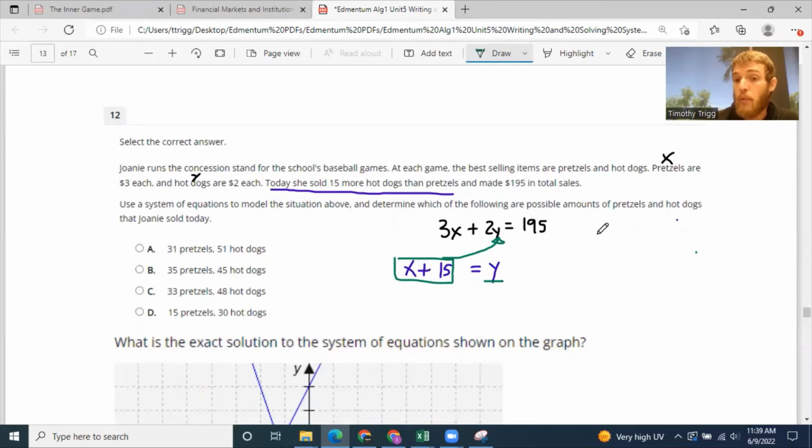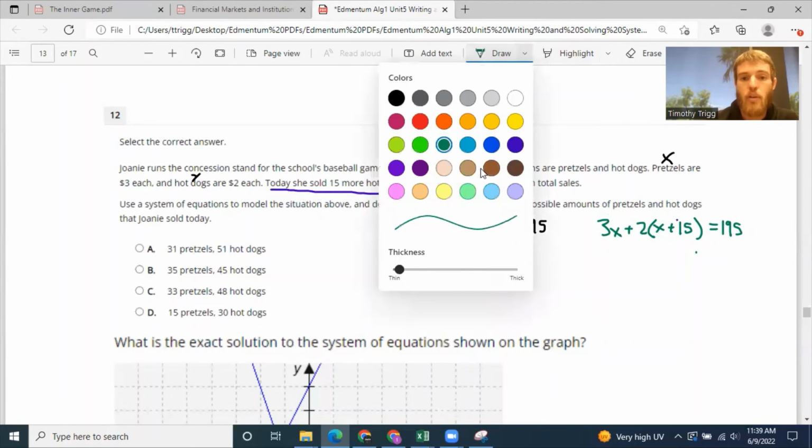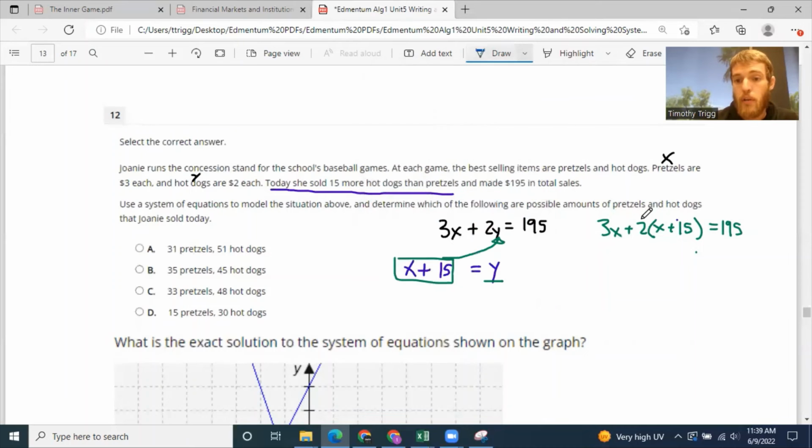So now let's rewrite the first equation, giving us 3x plus 2 times the value of y, which is x plus 15, equals 195. Now what you want to do is solve for x here. What would be my first step in solving for x? Well, hopefully you would distribute this 2 here, giving us 3x plus 2x plus 30.